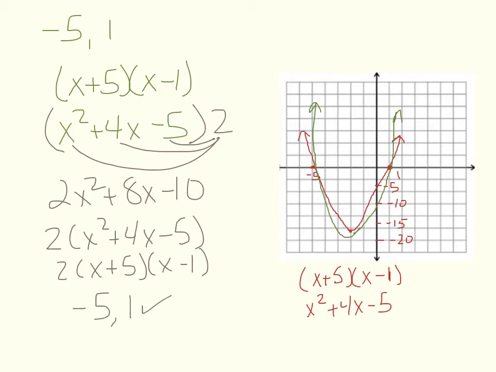So if you have a parabola whose roots you know, you can always write a base factored version, and then you can adjust the factored version so that you get the y-intercept that you would like.